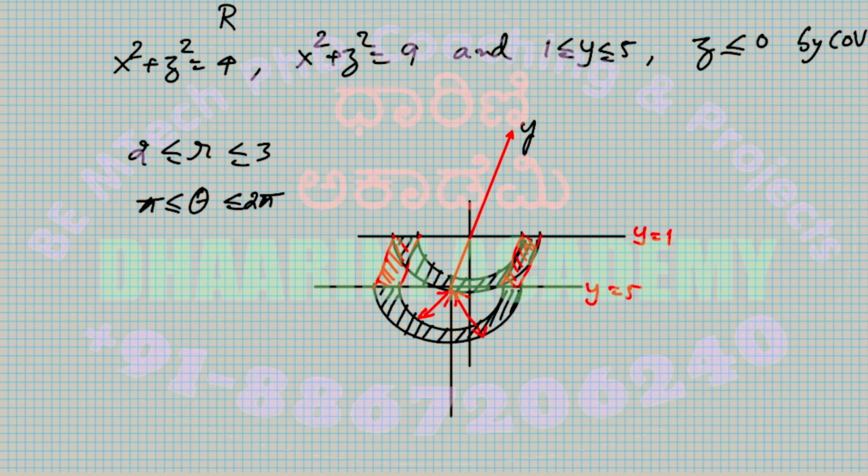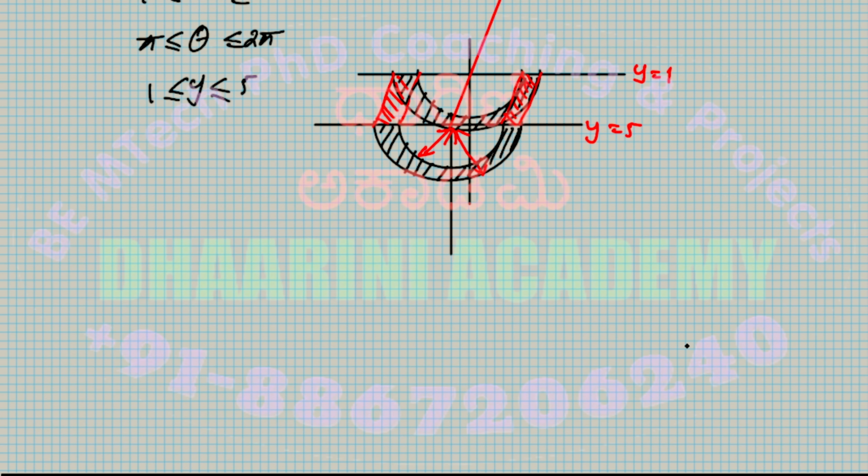All right. Now the y is given. So y value is given as say 5 to 1. Okay. Now I have a question. Right? What if I tilt my cylinder?